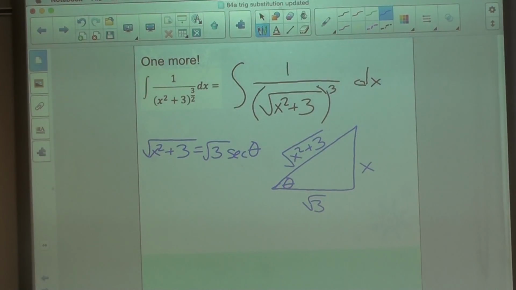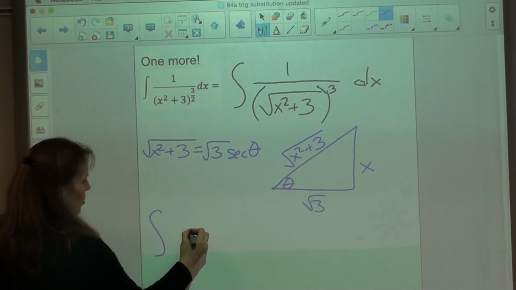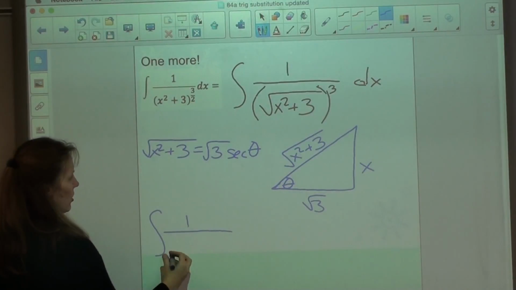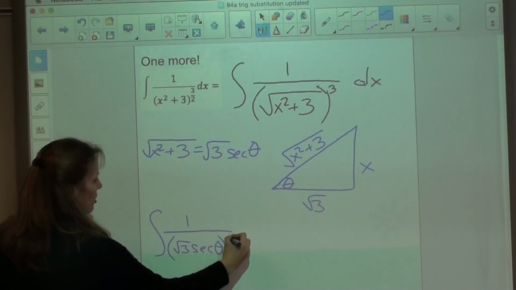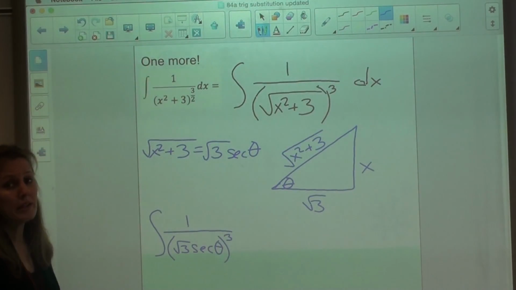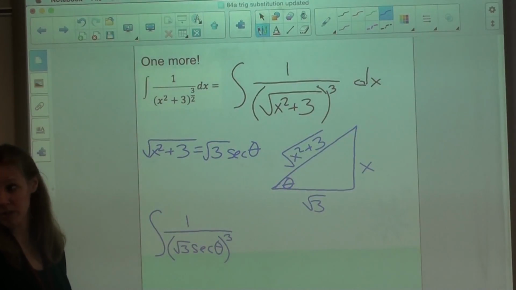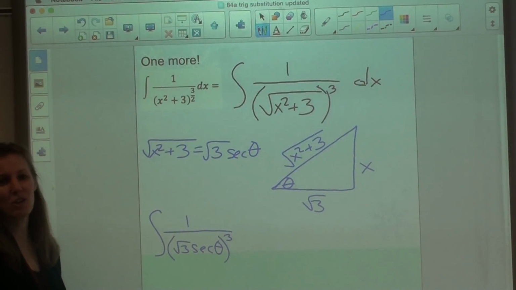Now, the trap is forgetting about the dx. Don't forget the dx. If you just write this as the integral of 1 over root 3 secant theta cubed, it's a doable integral, but it's not as much of a fun integral as what you end up with if you remember your dx, and it's also wrong. So make sure that you replace the dx.